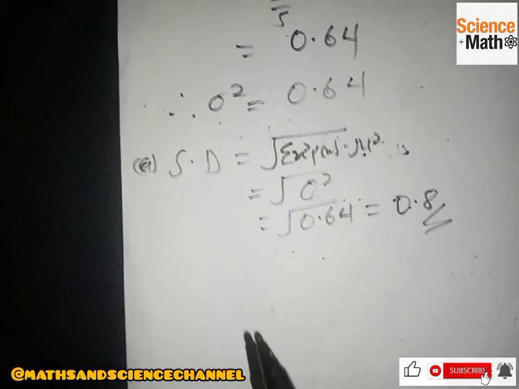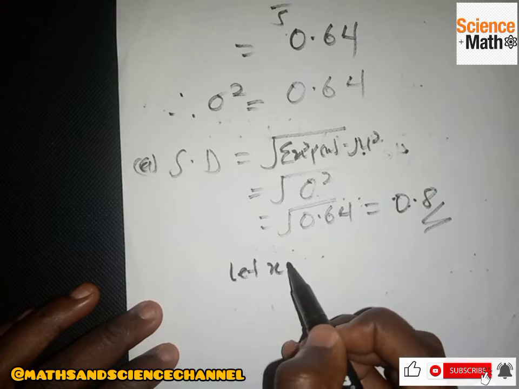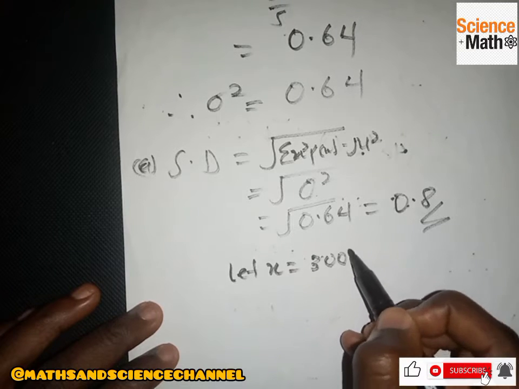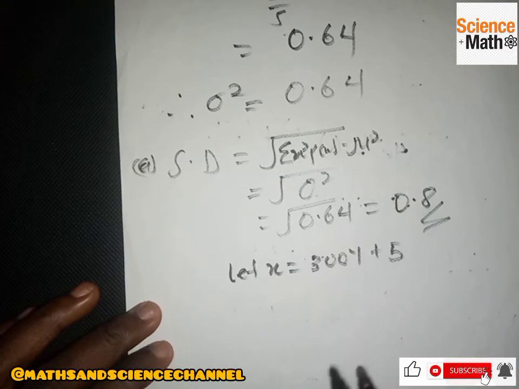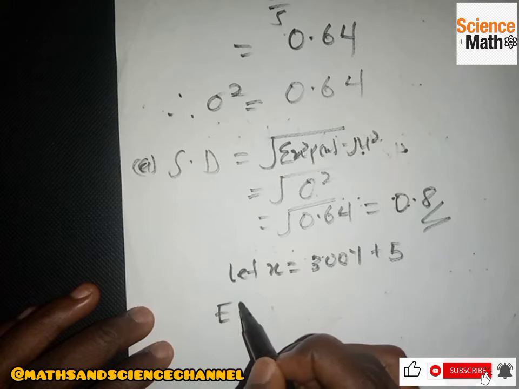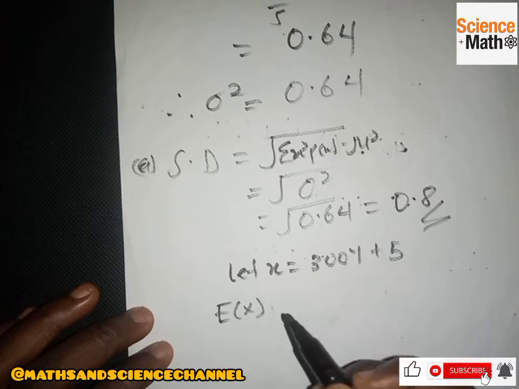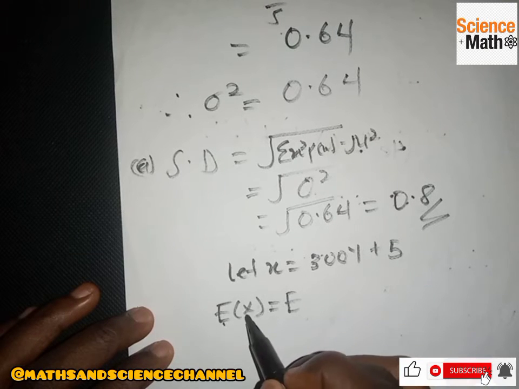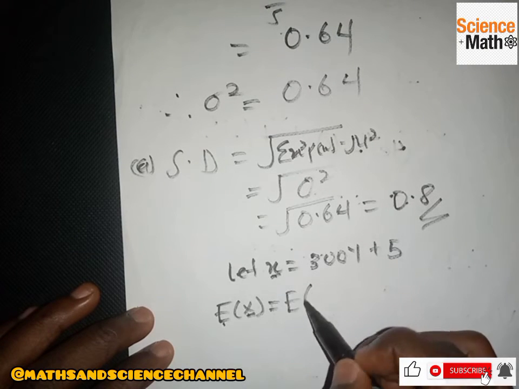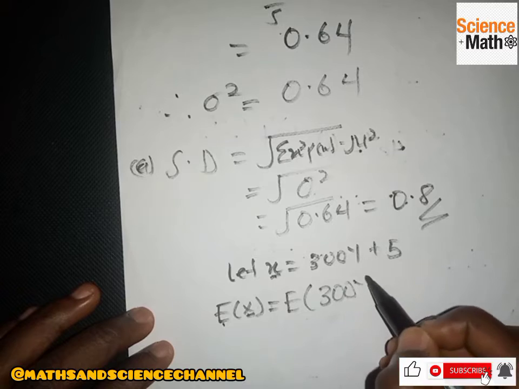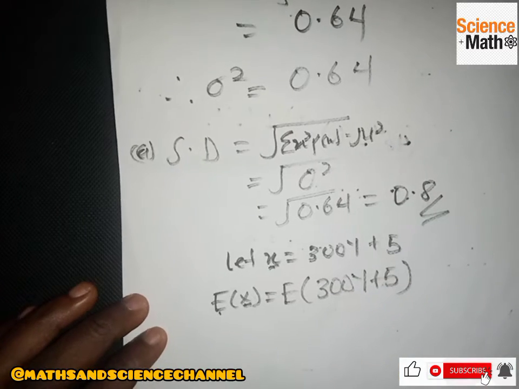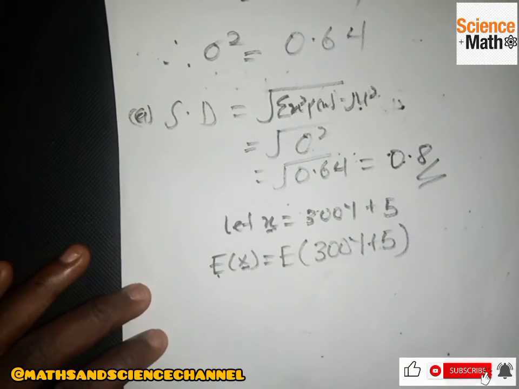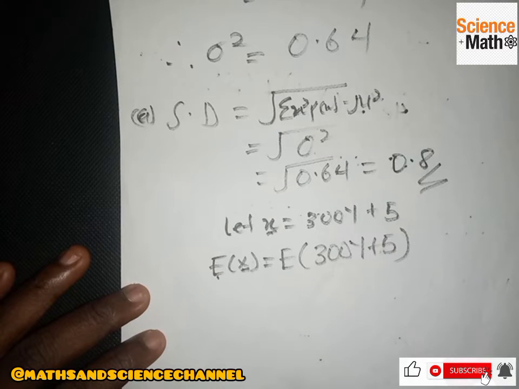So now when we let s be equal to 300y plus 5, which means that our expected value of x in this case is just going to be the expected value, and then what is x? So x is that, so we just substitute that into that.